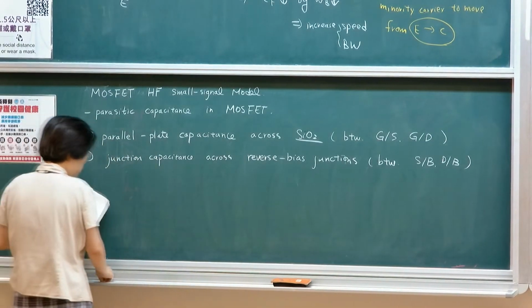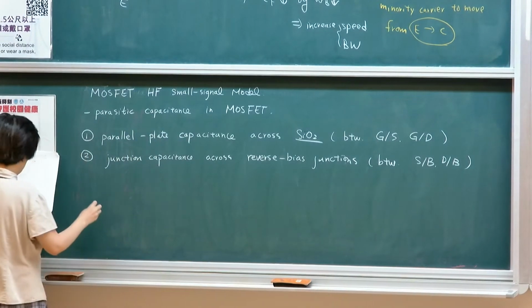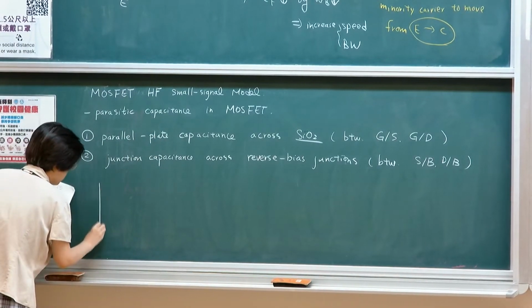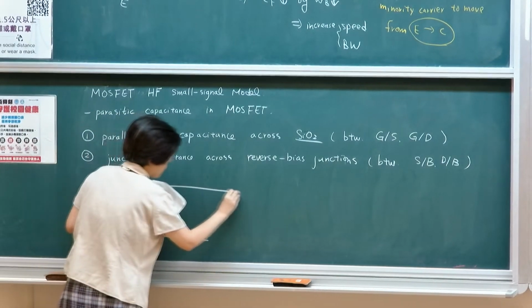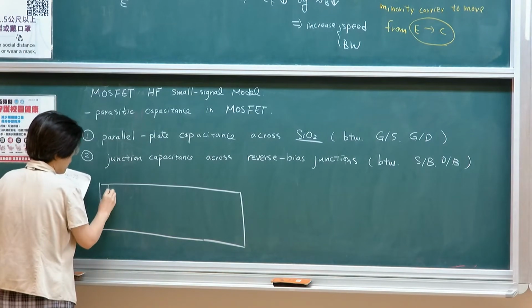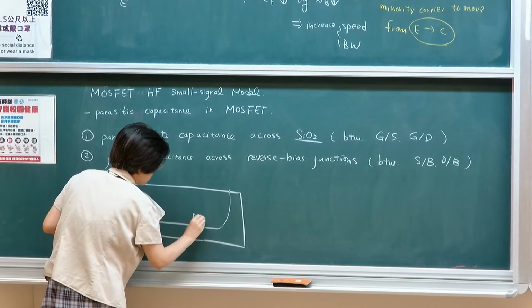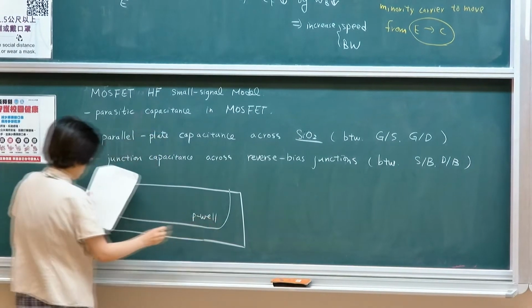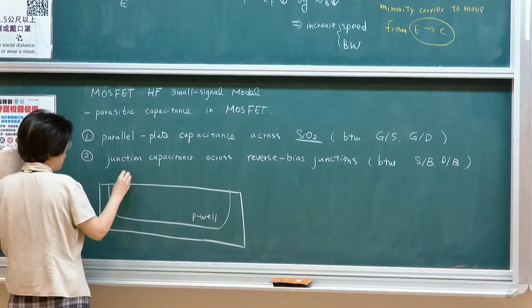So if we plot the schematic cross-sectional structure, let's assume I have a P-well, and this is simply an N-channel device.